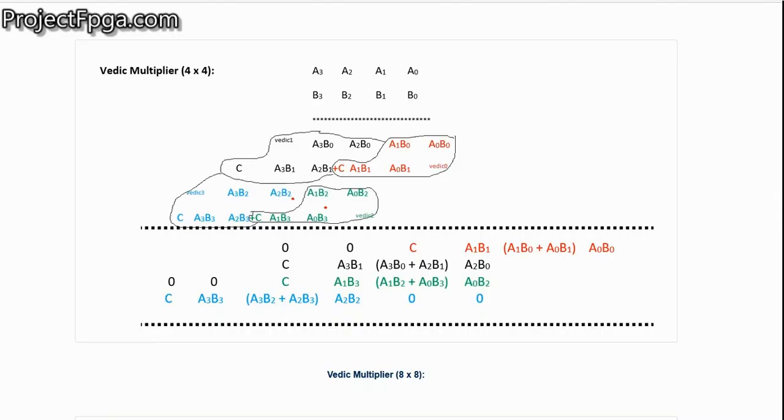Then after that, it decided to rearrange them. So first of all, if you solve the Vedic in red, you get this. If you solve the Vedic in black, you get this.